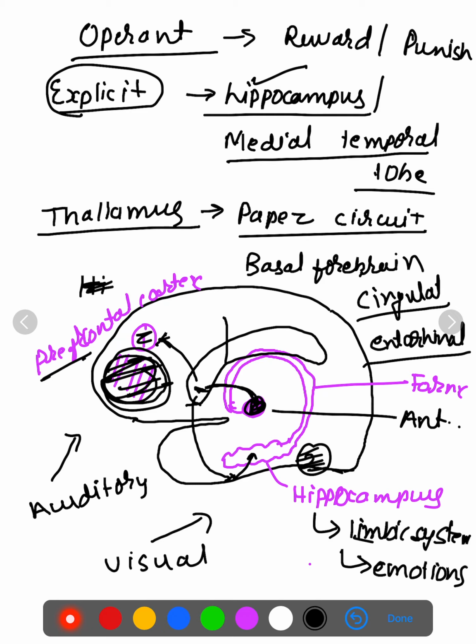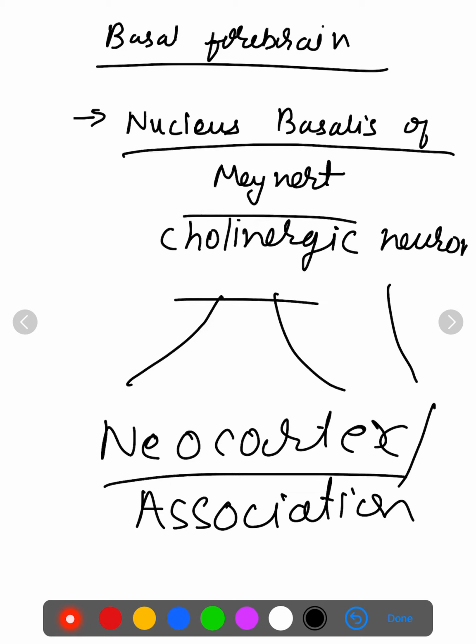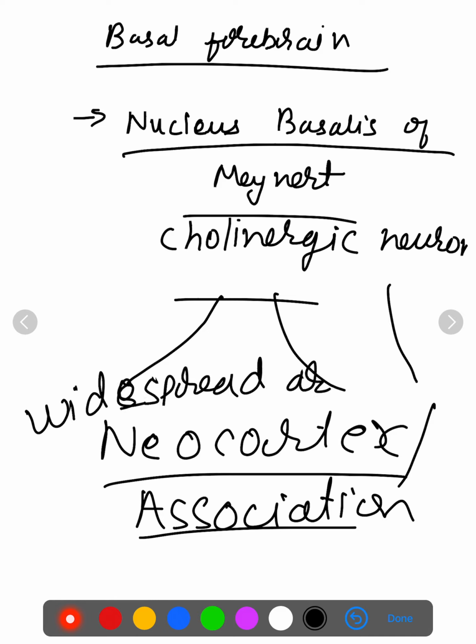If you are studying it in detail, ultimately through all these structures, from the basal forebrain, information will be stored in large, widespread areas of the neocortex. So whenever any new information comes, the gateway is mainly the hippocampus. From the hippocampus only it will be stored.